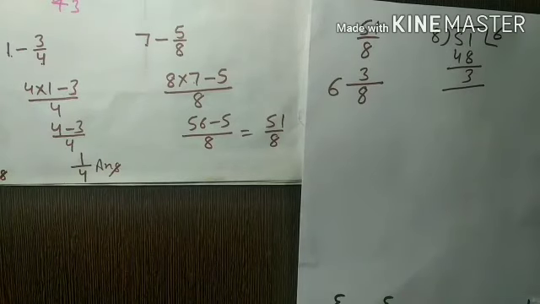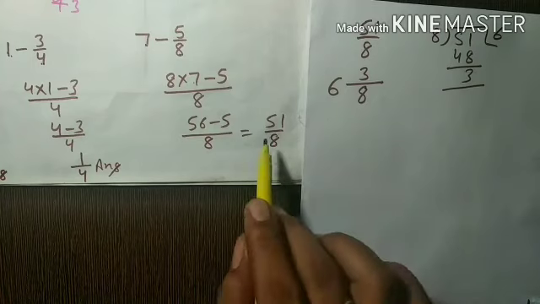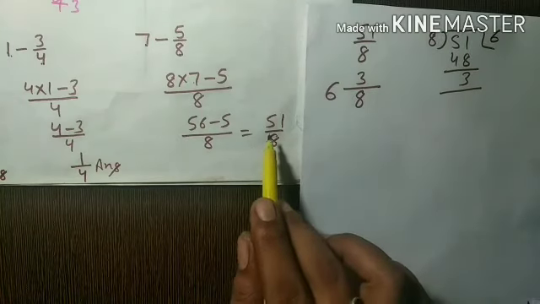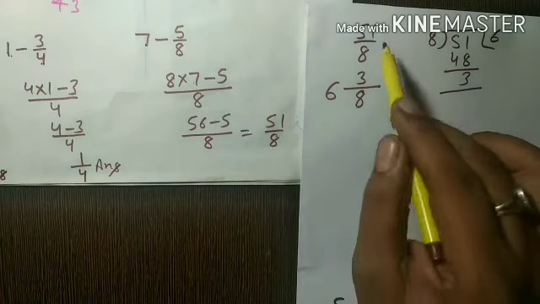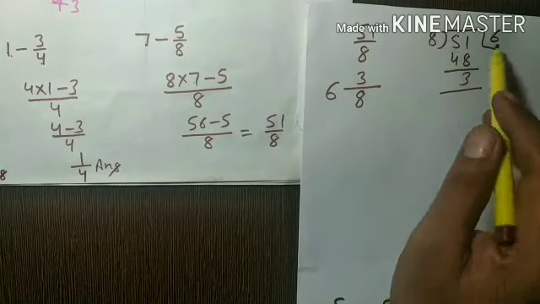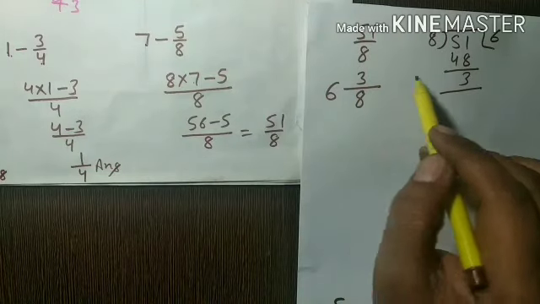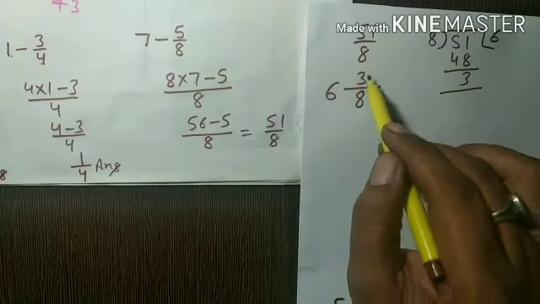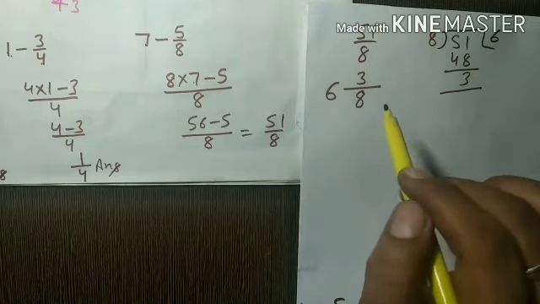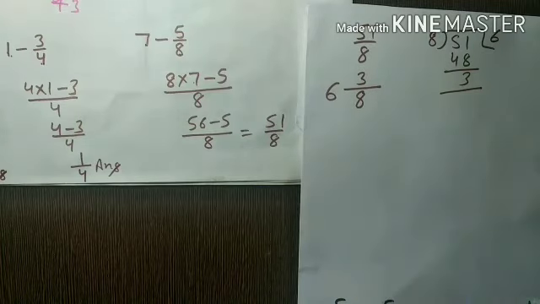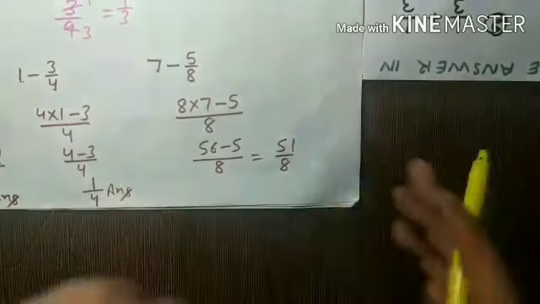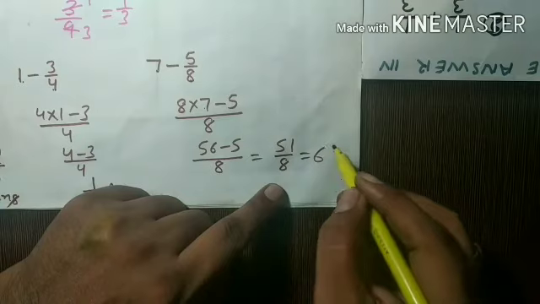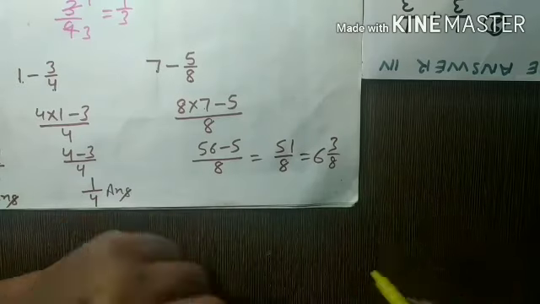Watch it carefully, student. I got this answer, and it is an improper fraction because the numerator is greater than the denominator. So when I divide the numerator by the denominator, I convert this improper fraction to mixed fraction form. So I will write 6 and 3 by 8 as my answer.